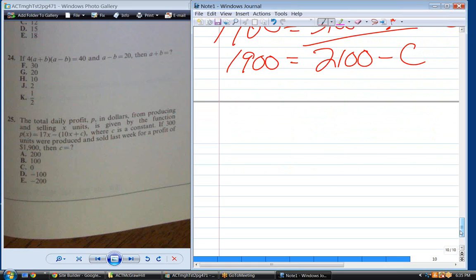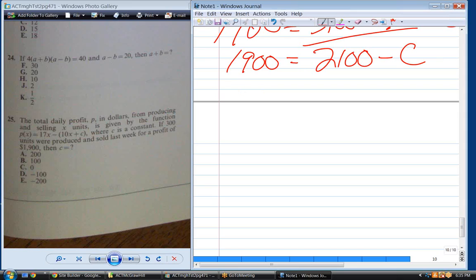And then would you add 1,900 or would you subtract 2,100? Well, in keeping with, I want positive coefficients in front of everything. If I subtracted 2,100 from both sides, I'm going to have a negative number on the left and I'm going to have a negative c on the right.